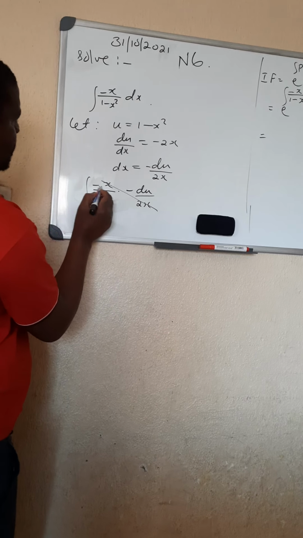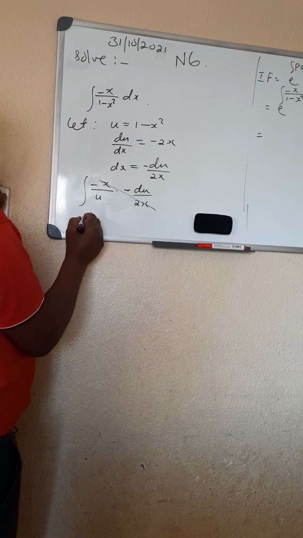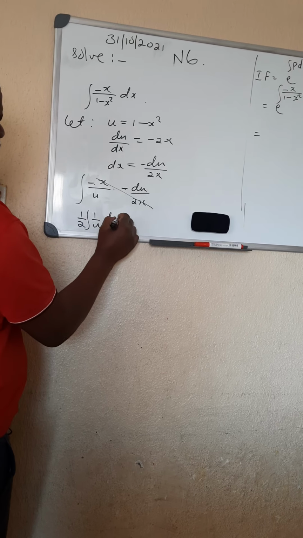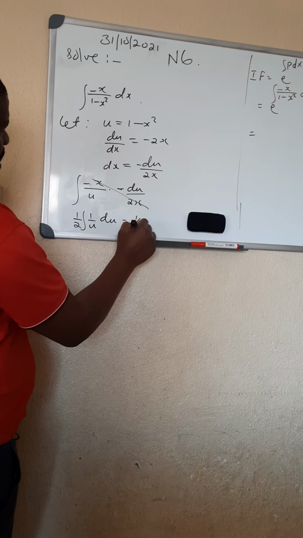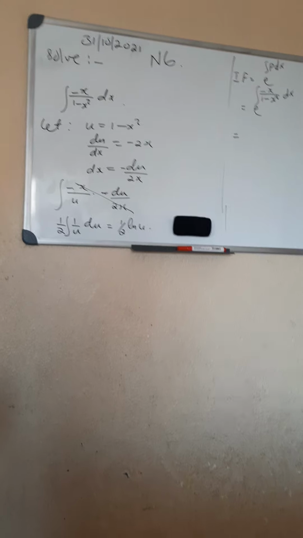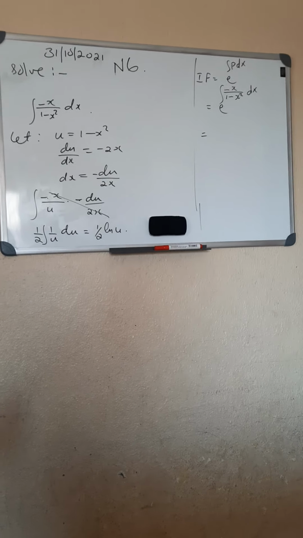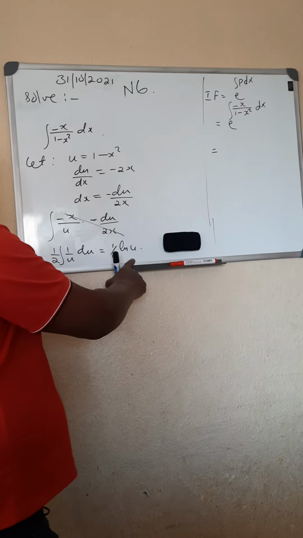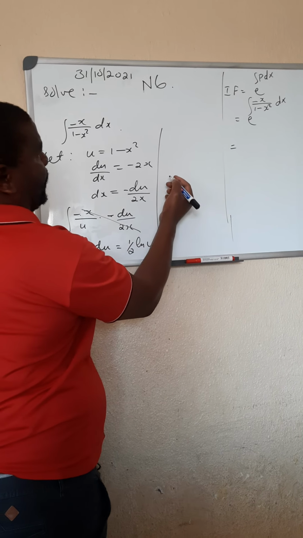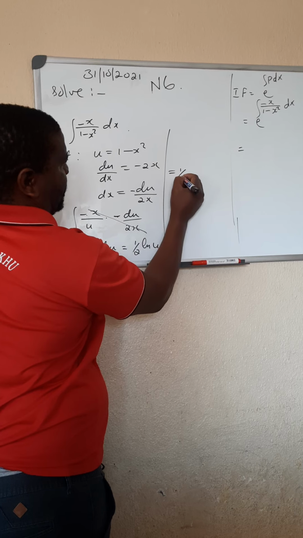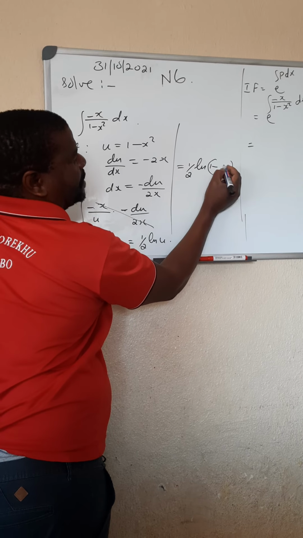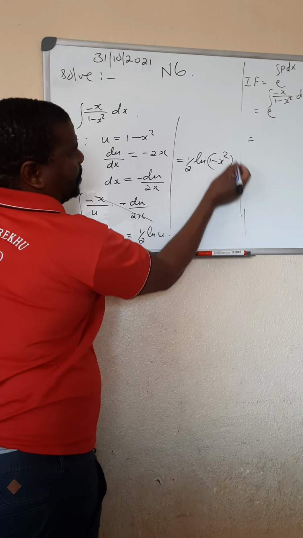This goes out. This gives a positive. What do I have? Half of 1 over u du. This gives half ln u. You see that? Half ln u, and u is 1 minus x squared.